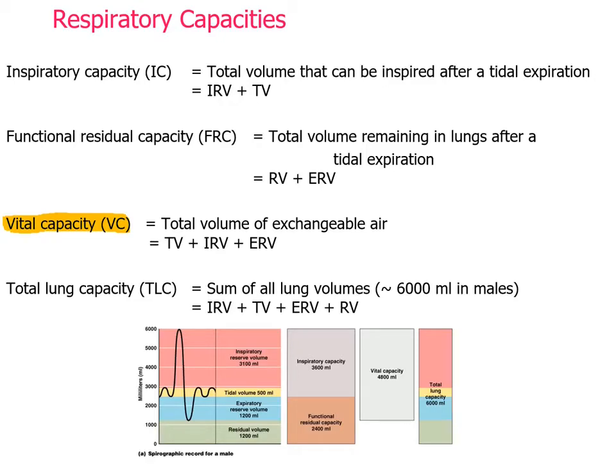It's no different from vital capacity, but forced vital capacity is when you really exert as much as you possibly can. That's the kind of thing we looked at in lab 7, where the person tries to expel the air as much as they possibly can to see how much can be exhaled in the first second. That was FEV1.